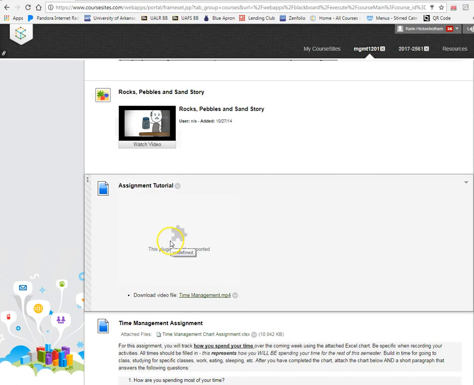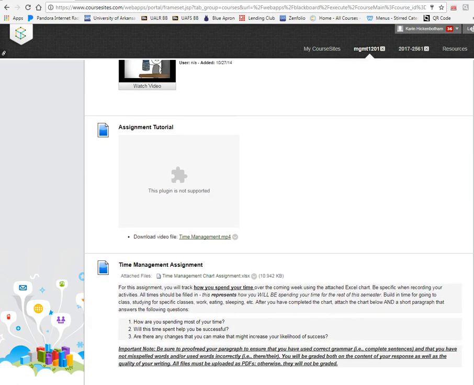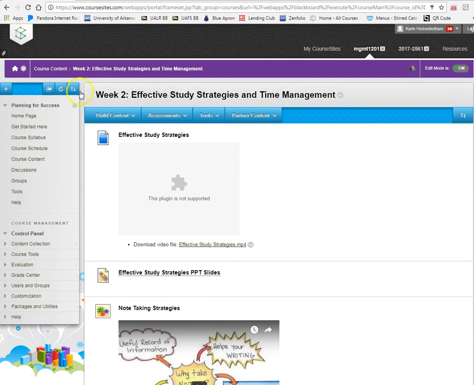Again, another MP4 that I've made, an assignment tutorial, screenshotting exactly how I want them to complete the assignment, which is listed here, and it's in an Excel chart, and they will have to chart out their time and identify any problems that might hinder their success in their classes.